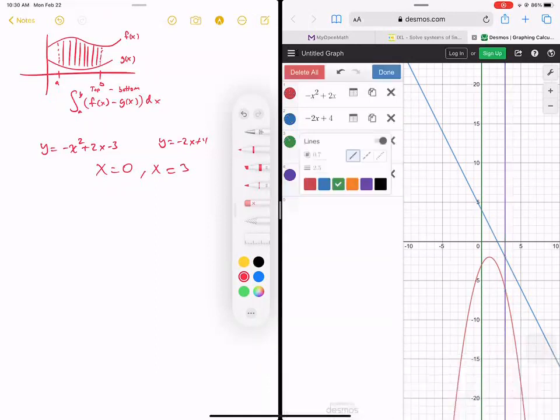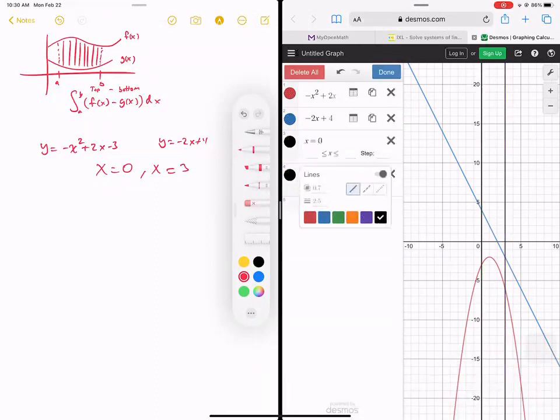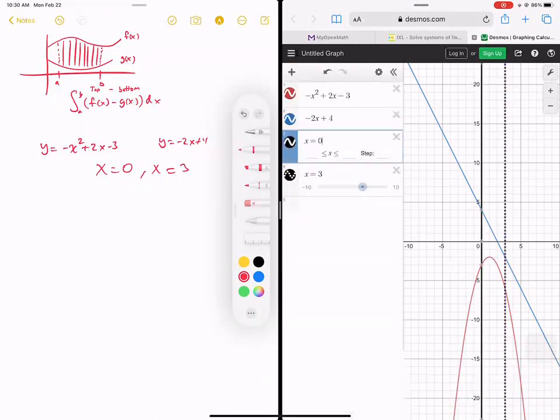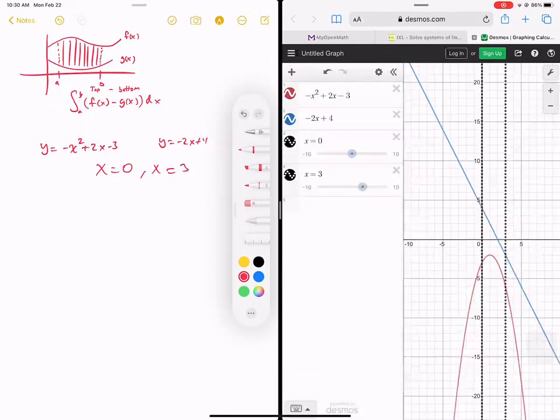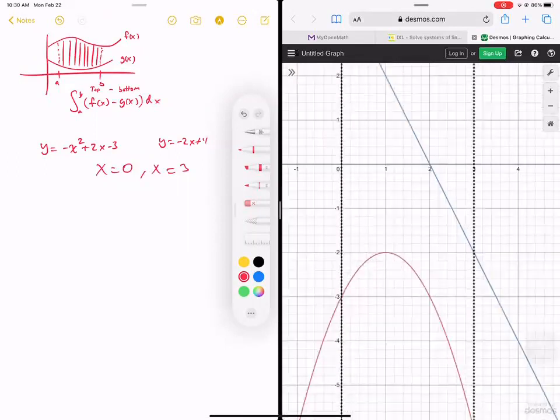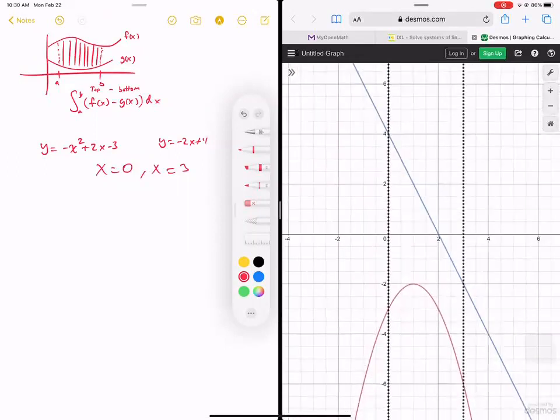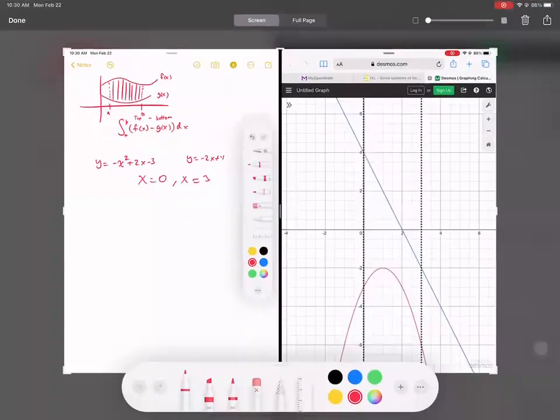We'll make these black, and then also make these dotted. All right. So we're going to try to deal with the area between these two lines. Real quick, just so you guys can see here, that means I'm trying to shade this area right here.